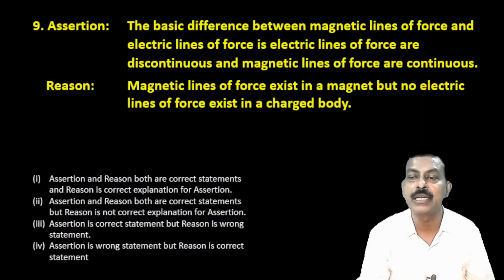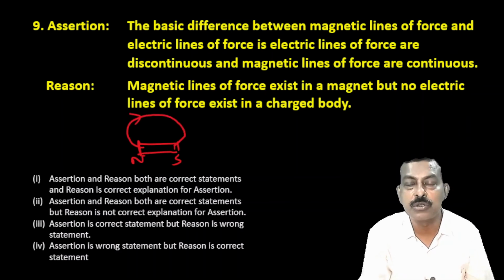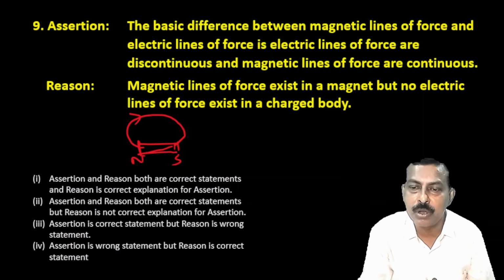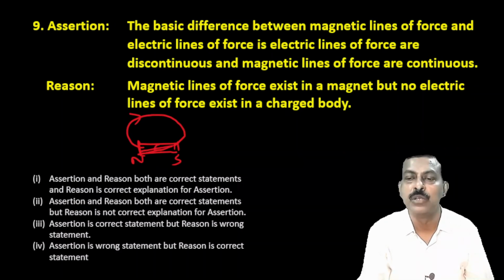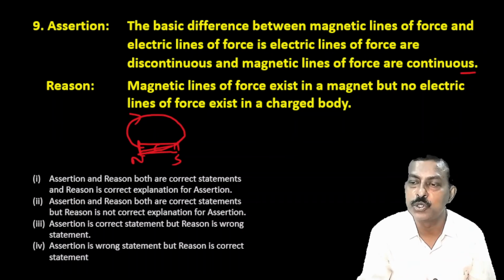But magnetic lines of force are continuous, because if you consider the north pole and south pole of a magnet, magnetic lines of force originate from the north pole and terminate on the south, but inside the magnet also they move. So they form a closed loop. That is why we say that they are continuous. So in that case, this is true.